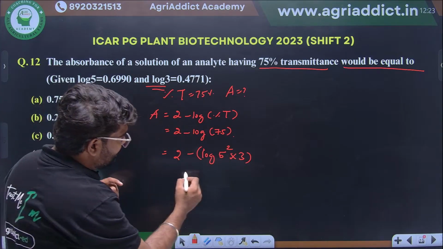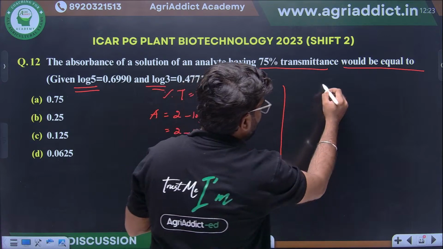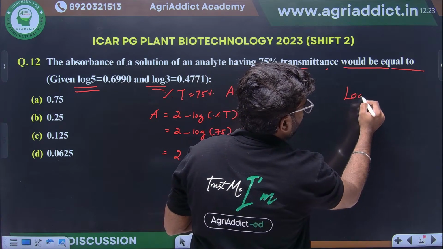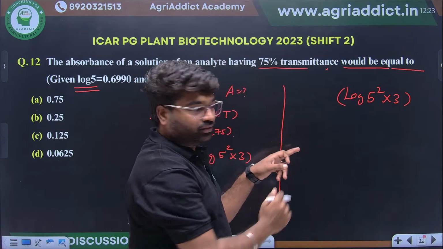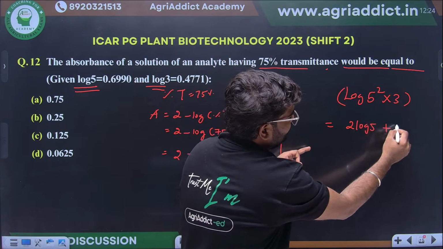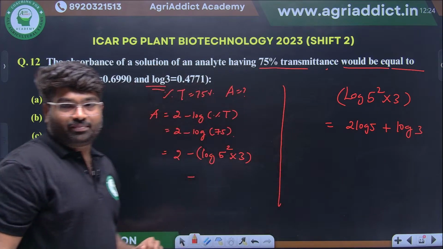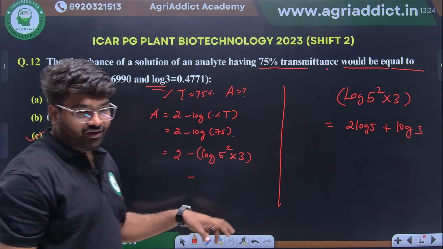Clear? I am solving only for this part now, log of 5 squared into 3. What will it come? 2 log 5 plus log 3. This is clear. Yes, correct answer everyone told, but we have to solve it now.